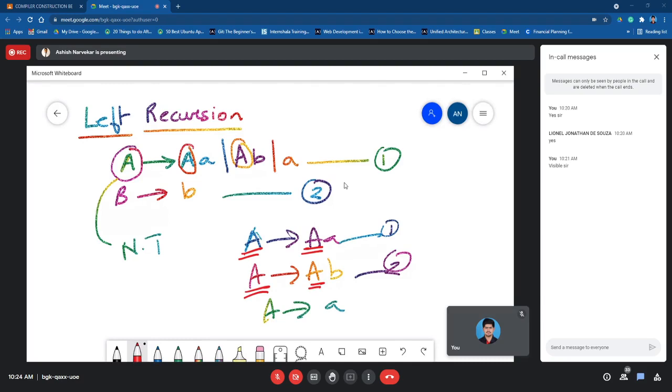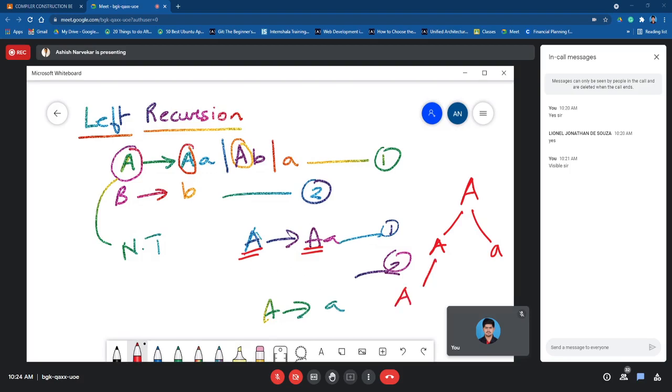So suppose you want to construct a parse tree for this, what you will get is A derives A. Now, if you assume that this was not there, you can further rewrite this A in terms of itself.